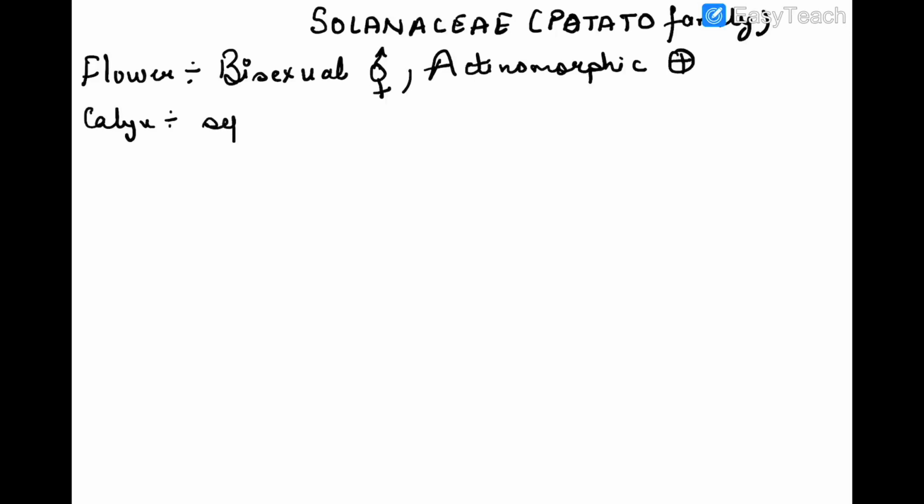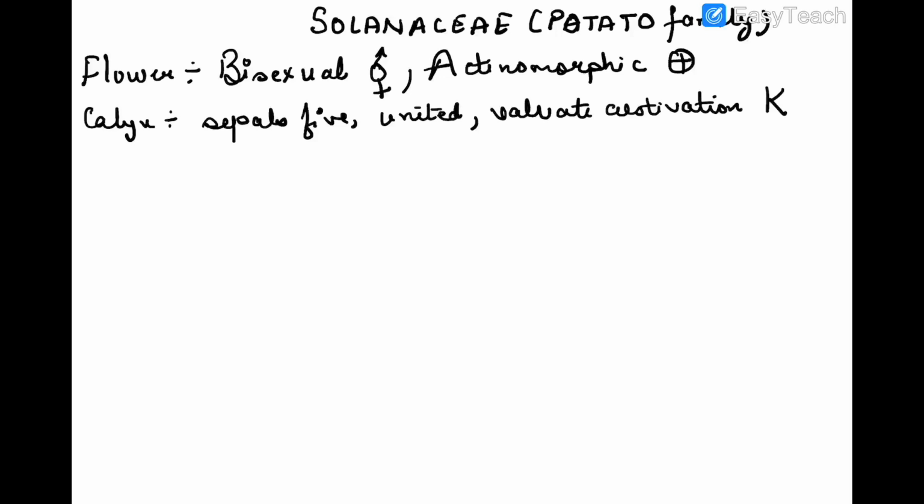There are 5 sepals which are united, and it has valvate estivation. So 5 sepals, which is represented by K, which are 5 and they're united, so we will put the 5 in bracket.